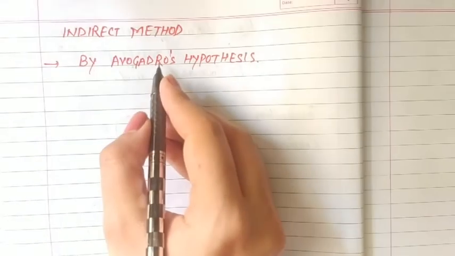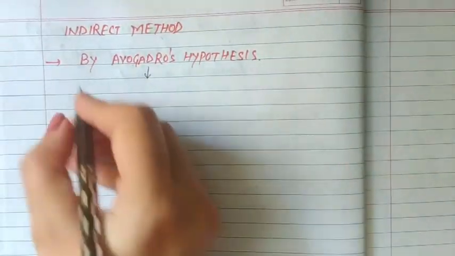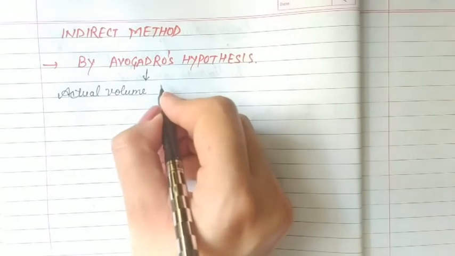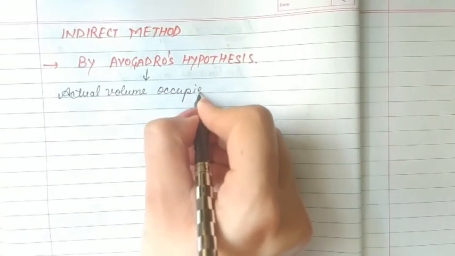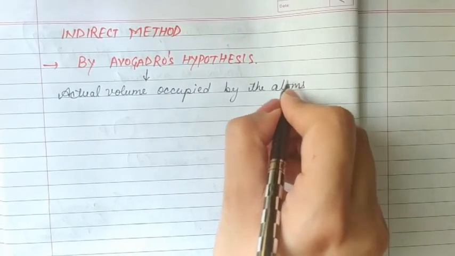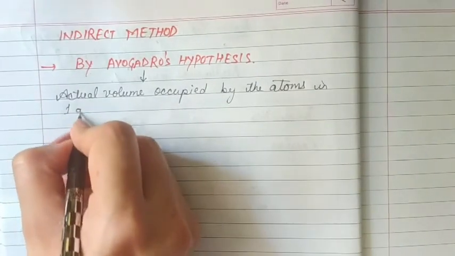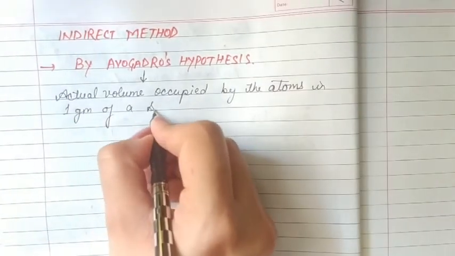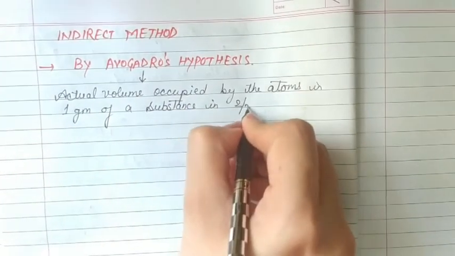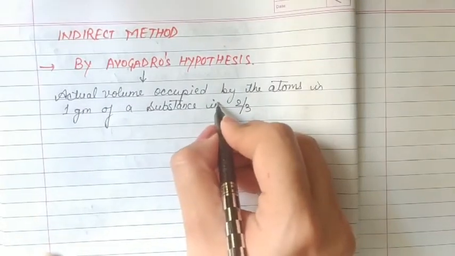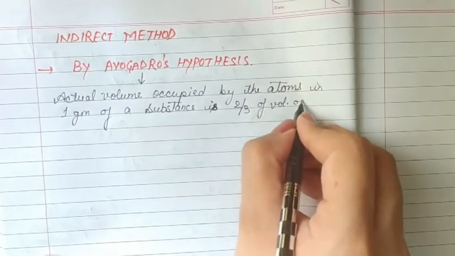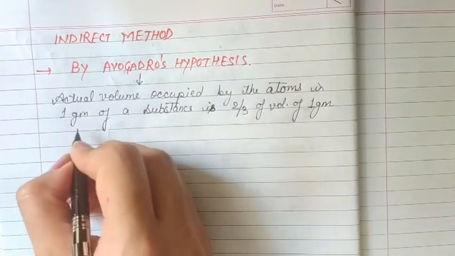Okay, so Avogadro's hypothesis states that actual volume occupied by the atoms in 1 gram of a substance is 2/3 of the volume of 1 gram of that substance.